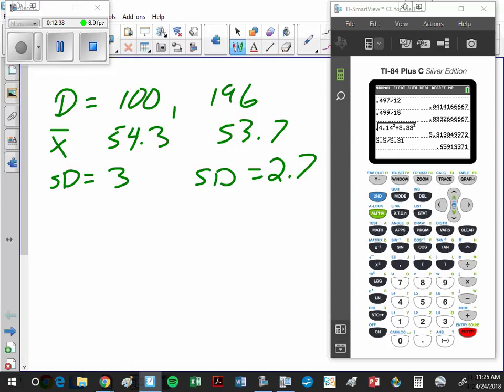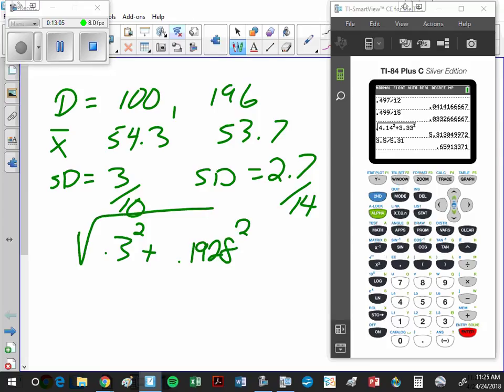Okay. So we need to create SE averages. So I'm going to divide this one by 10 and divide this one by 14. 0.3 and what is 2.7 divided by 14? 0.1928.